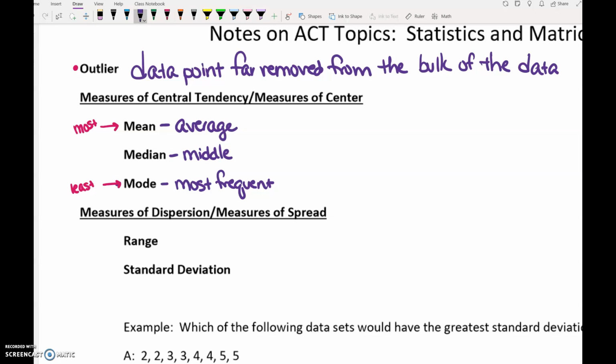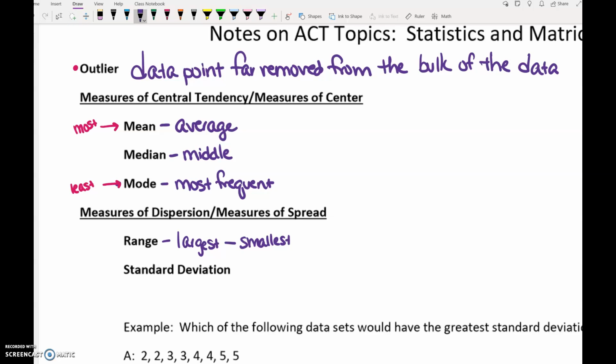The next two things we're going to talk about are measures of dispersion, which is a fancy way of saying how spread out the data is. The range is the largest data value minus the smallest data value. If you've got a bunch of 2s and numbers all the way up to 10, 10 minus 2 is 8.